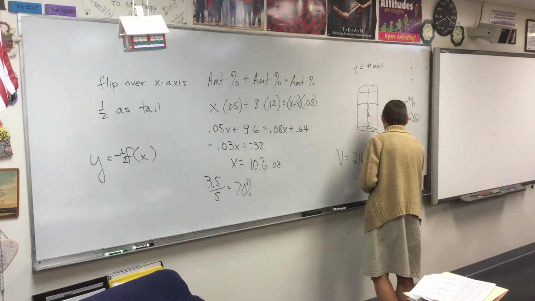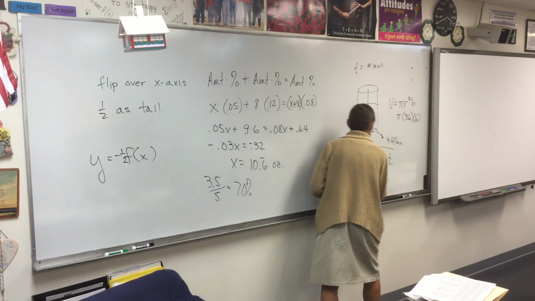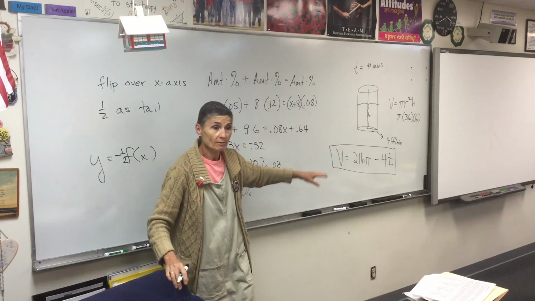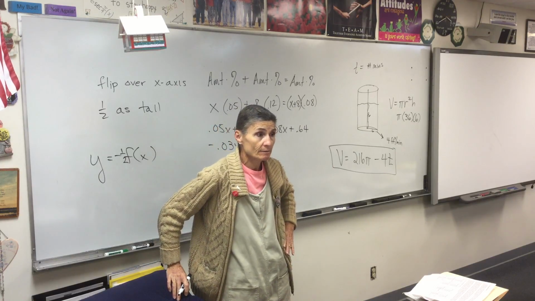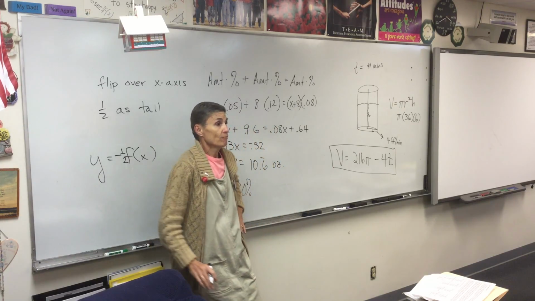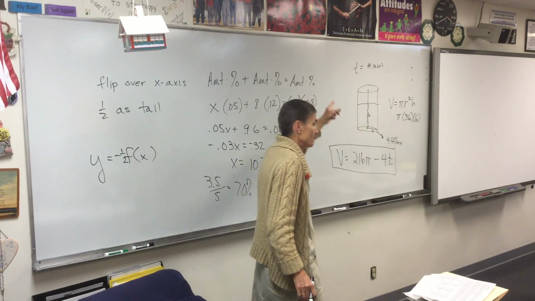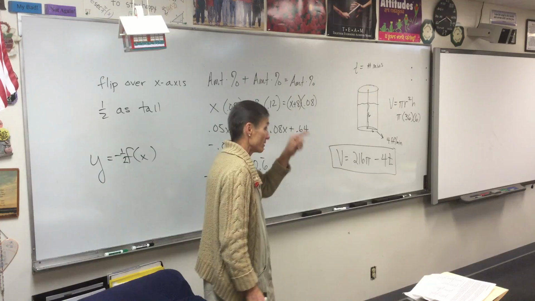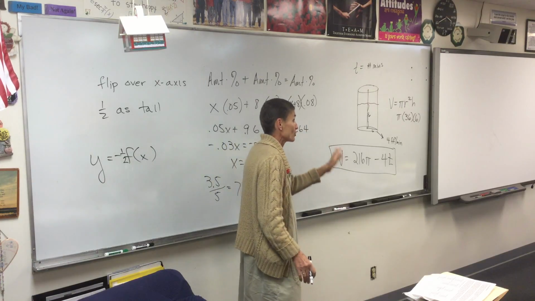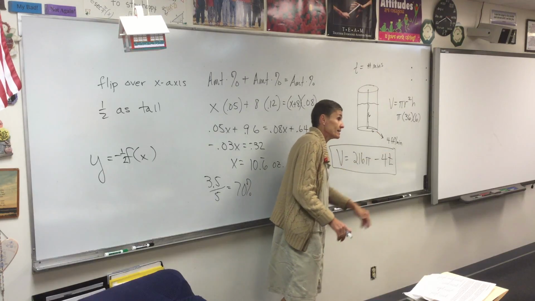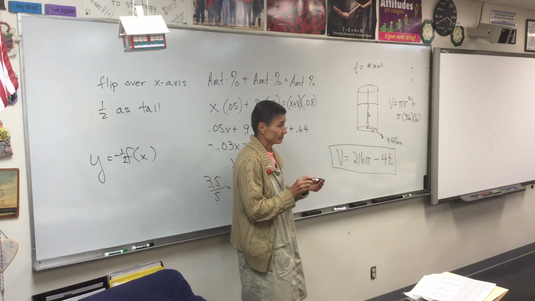So the answer to the question is right here. It's what you started with, 216 pi, minus 4 feet every minute. So if T is the number of minutes, then 4T is the amount of water you're going to lose. So 216 pi minus 4T.